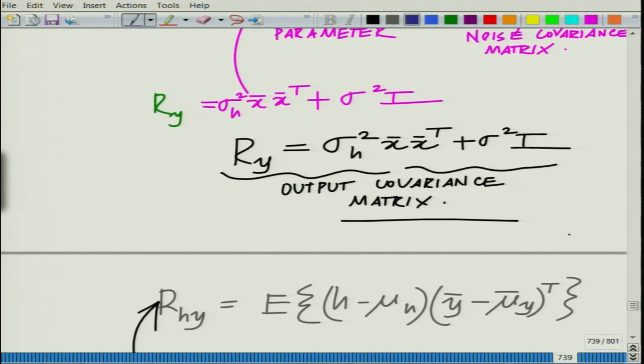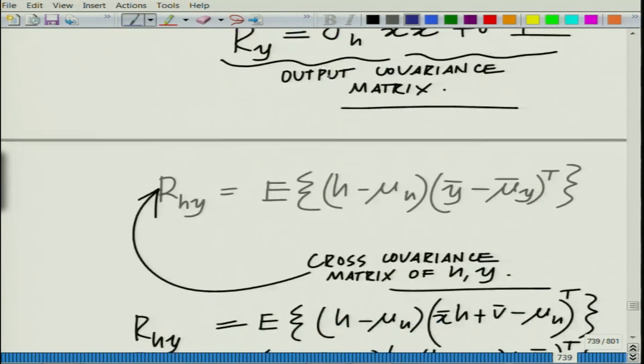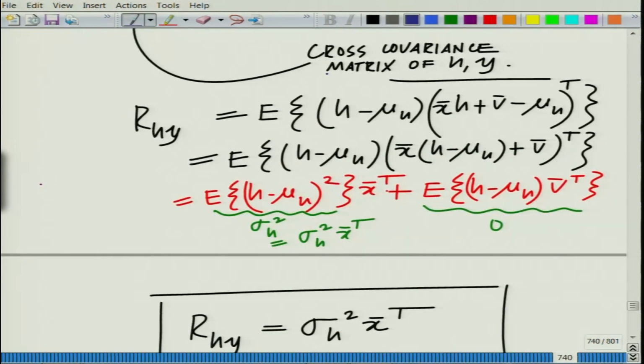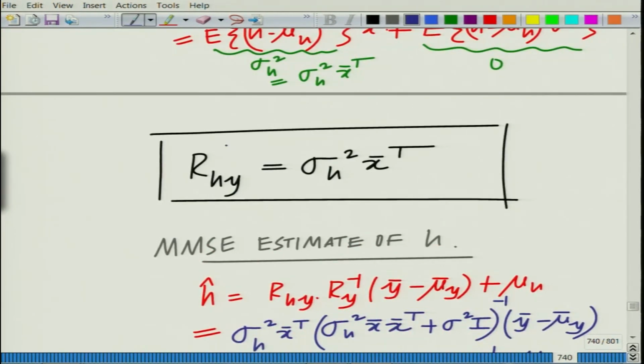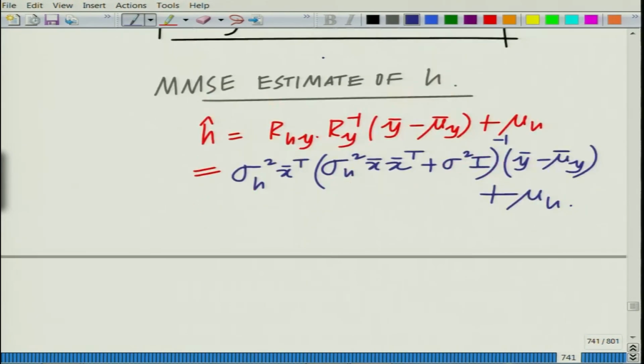Essentially you are substituting the R_y that we determined over here, and the expression for R_hy that we determined over here. This is R_hy, and this is your R_y inverse.